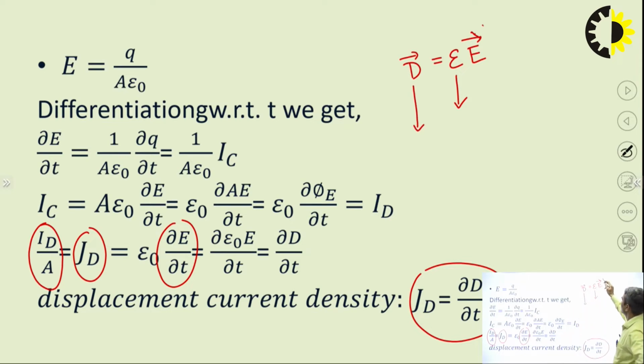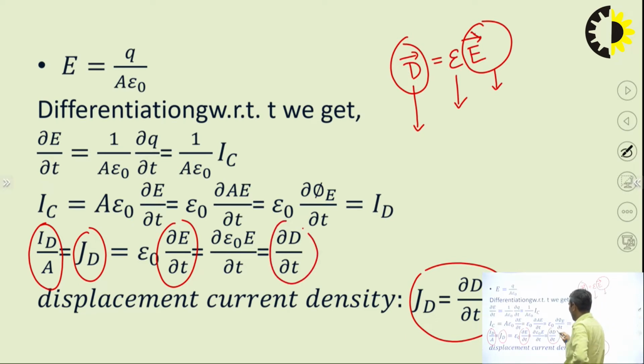So this is an electric field and this is also an electric field, but this is called the electric field and this is called the displacement vector, and this ∂D/∂t is known as the displacement current density.